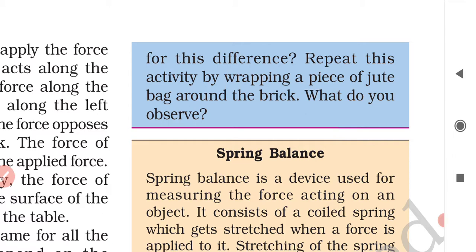Okay, so from this activity we learned that when the surface of the brick is made more smooth by wrapping a polythene sheet, then the friction with the floor decreases. Thus friction depends on the nature of the two surfaces.